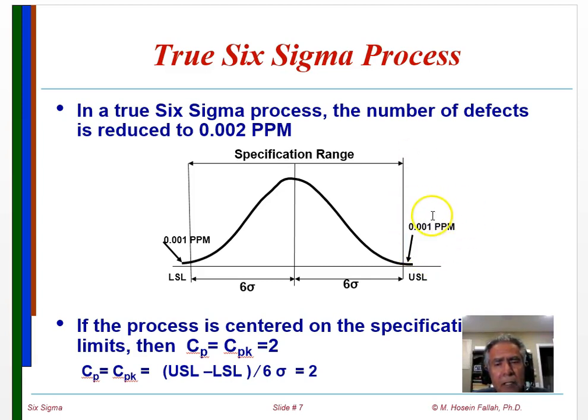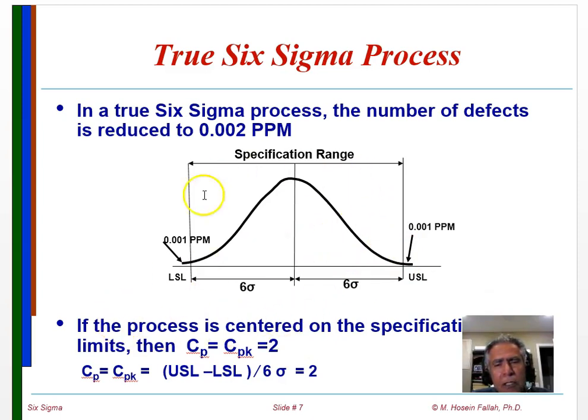The tail of the process on each side can only produce 0.001 parts per million, something that we probably cannot visualize in real life, in terms of how often that could happen.